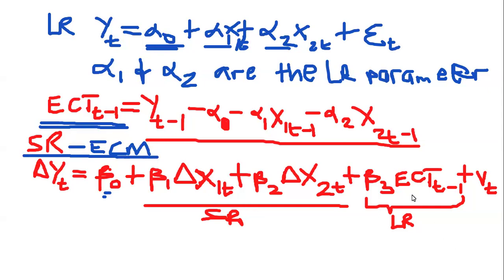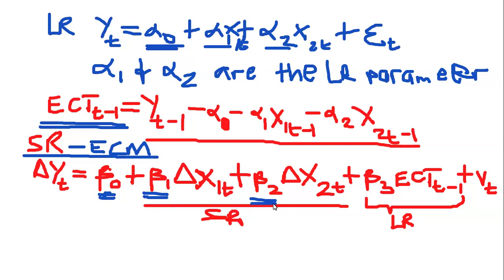ECT means error correction term, which represents the errors generated from the long-run equation. I said this is the constant for the short-run error correction model. And this is the short-run parameter. Beta 1 is a short-run parameter in this error correction model. Beta 2 is also another short-run parameter.